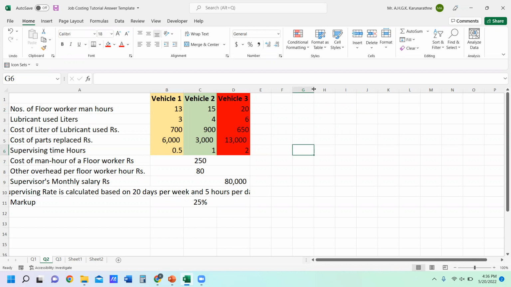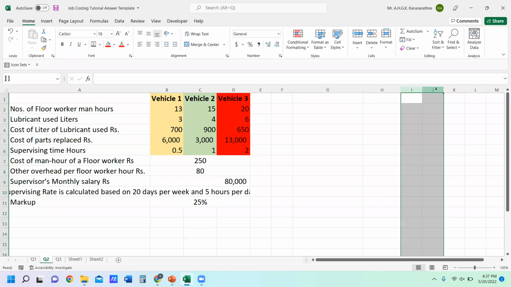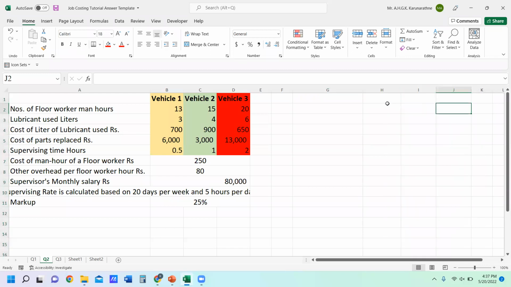So this time I'm not going to prepare job accounts in the account format. Instead, let's put V1, V2, V3.